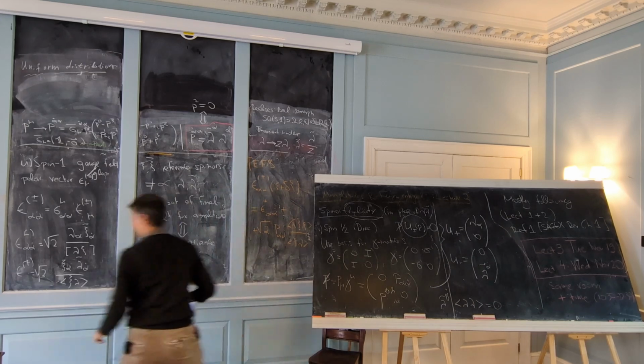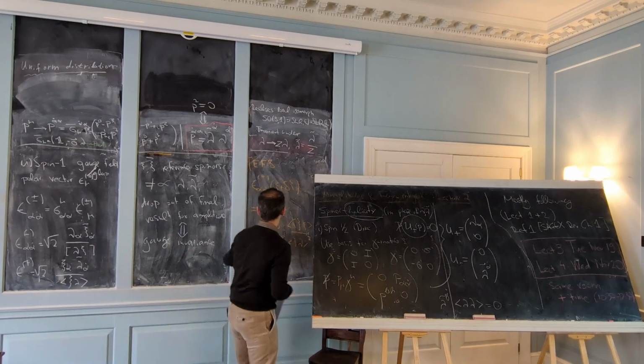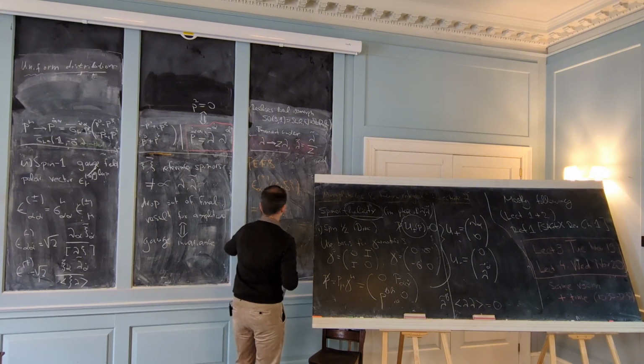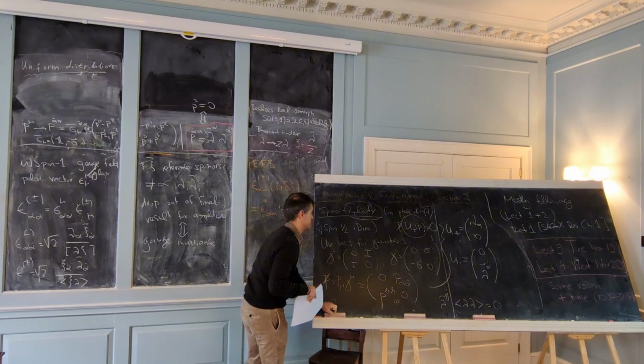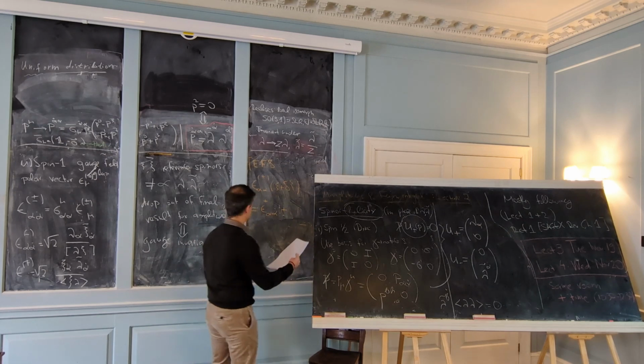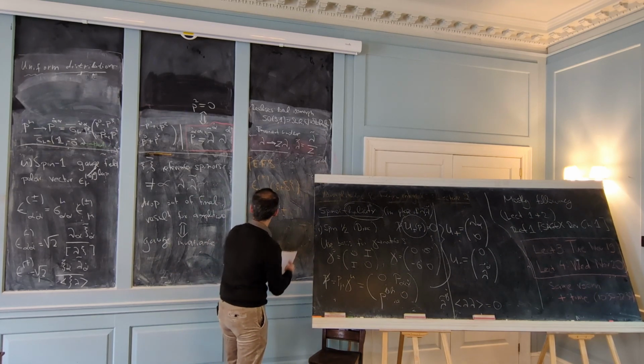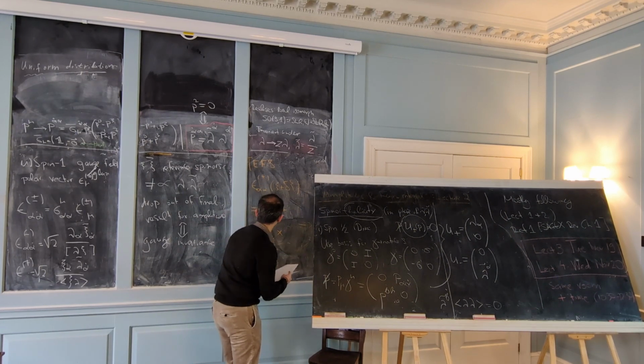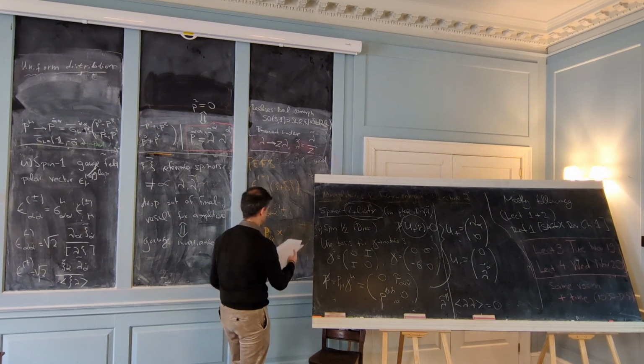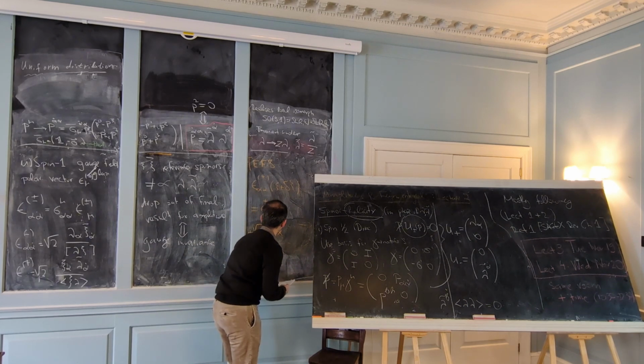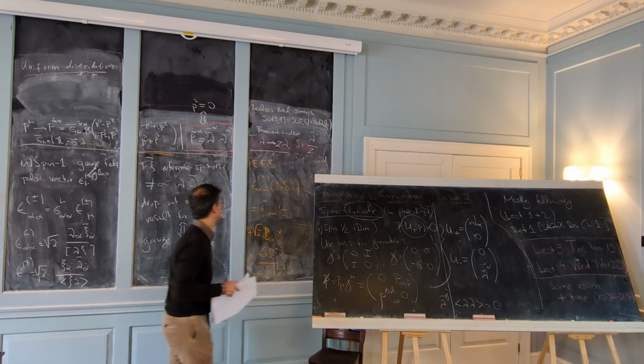Let me put it as leftmost as possible. I guess I cannot move this. So plus square root 2 lambda alpha, p alpha alpha dot times delta xi xi angle bracket xi lambda squared.